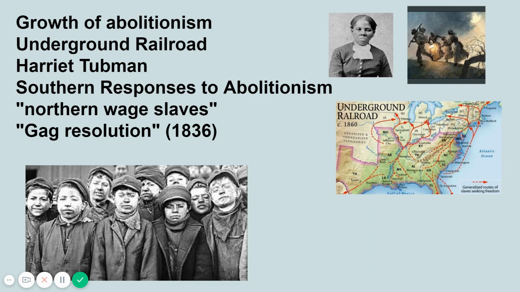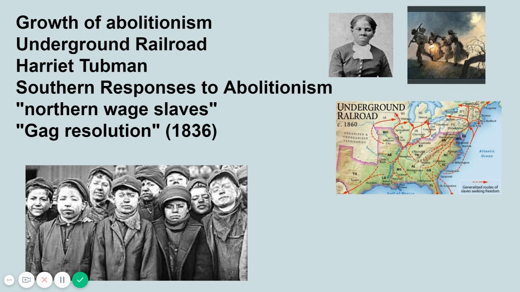Even in the early 1800s, slavery was a hot topic, so much so that enough congressmen in favor of slavery passed a gag resolution in 1836. This gag resolution in 1836 was a resolution that forbid the discussion of slavery on the floor of Congress.